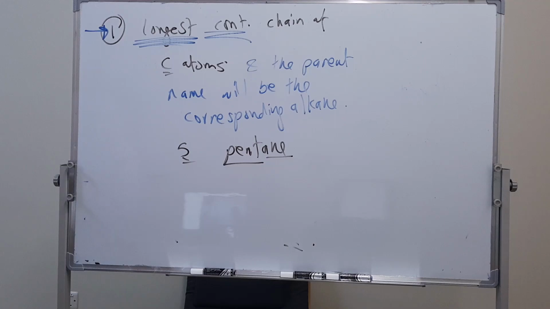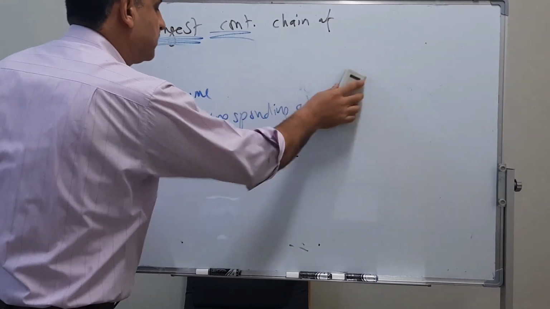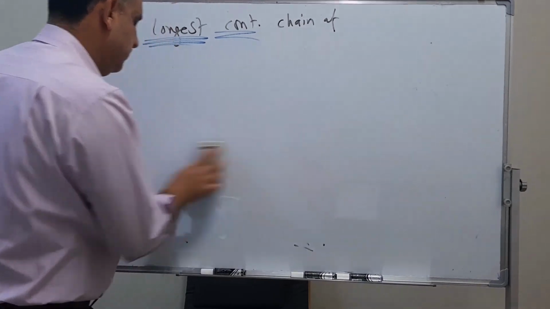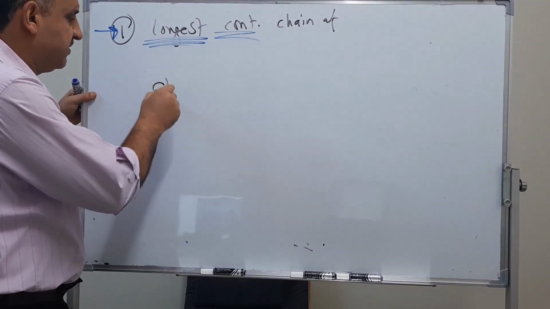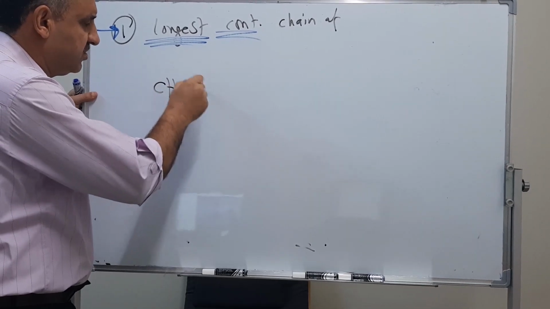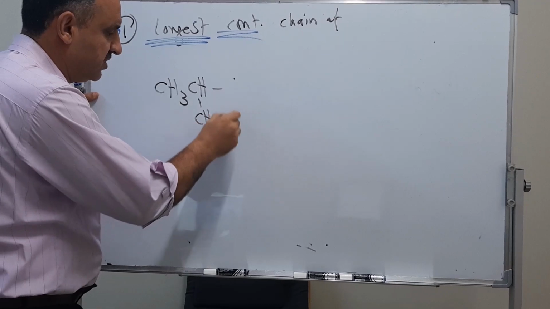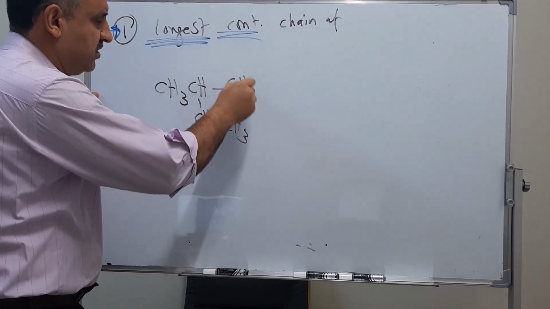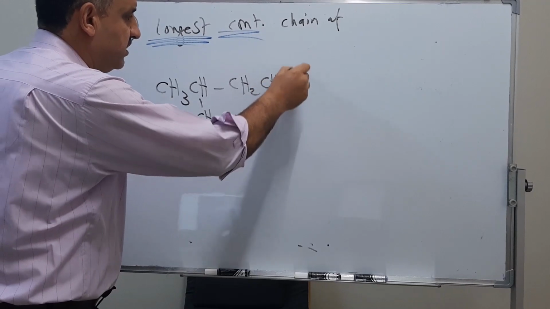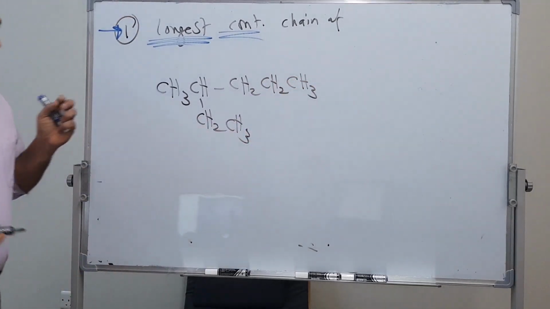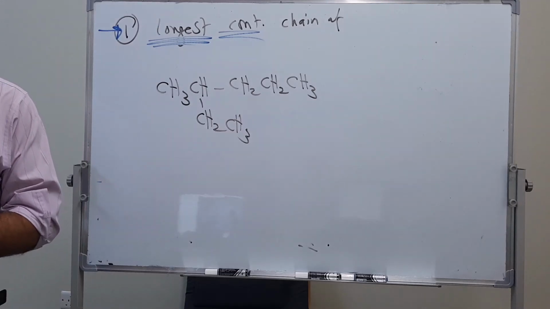So this is the first rule. As I said, we must determine the longest continuous chain of the carbon atoms in the compound. Okay, so let's take an example for this. Let's say we have CH3, CH, CH3, CH2, CH3, CH2, CH2, CH3. What's the longest continuous chain of carbon atoms in this example?